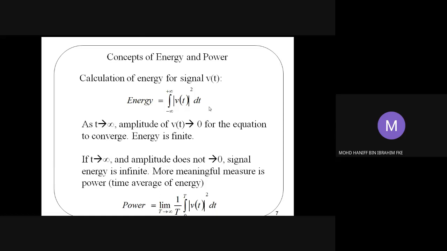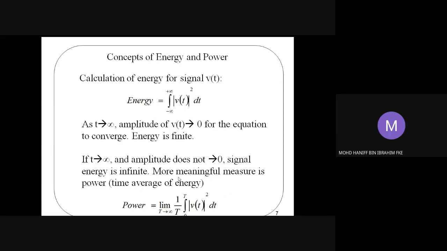So for that particular case, we are going to use another method of measuring, in terms of power, where power is defined as a time average of the energy.